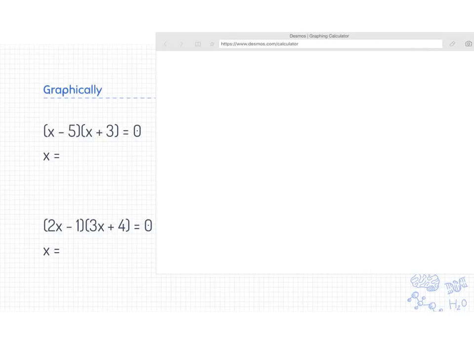And so as we look at this one, it's set equal to 0. Now what does equal to 0 mean? Well, if we're graphing something, that is as if we wrote y equals x minus 5 and x plus 3. And then what we did is we substituted 0 in for that y value. So where does y equal 0?